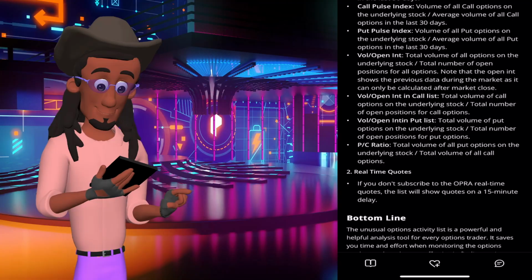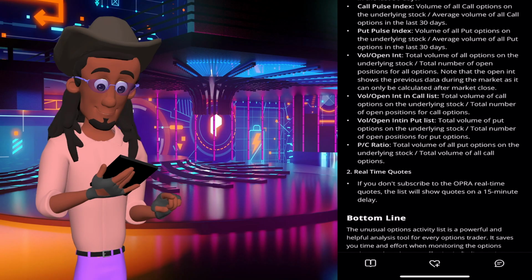The put pulse index is similar: the volume of all put options on the underlying stock divided by the average volume of all put options in the last 30 days.